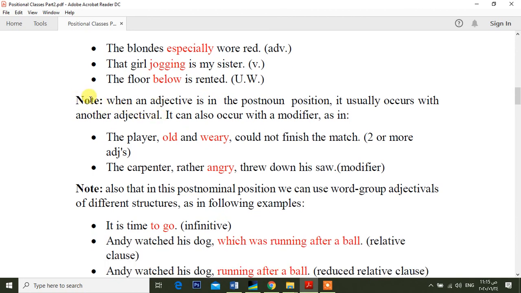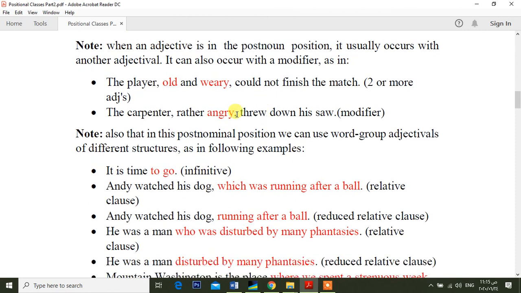Here we have a note. When an adjective is in the post-noun position, it usually occurs with another adjectival. It can also occur with a modifier, as in those examples. The player, old and weary, could not finish the match. Here we have two adjectivals and they occupy the post-noun position.